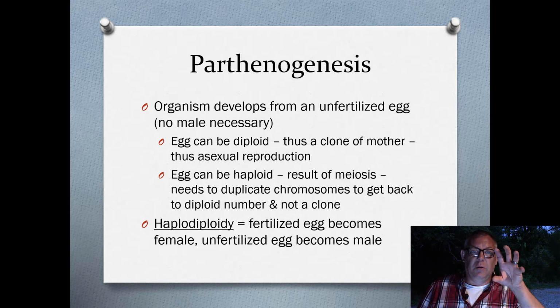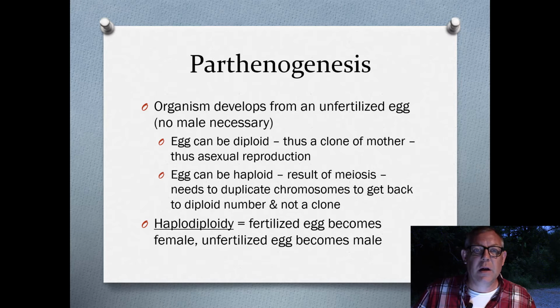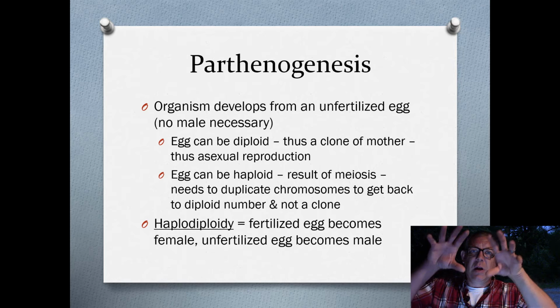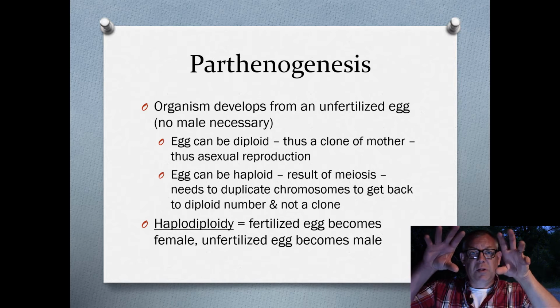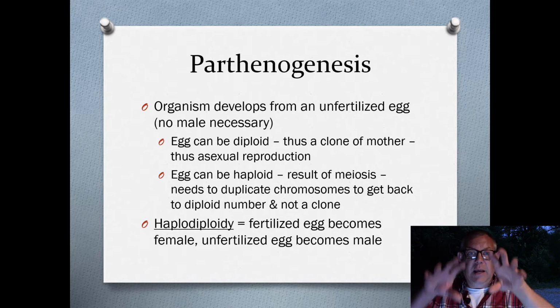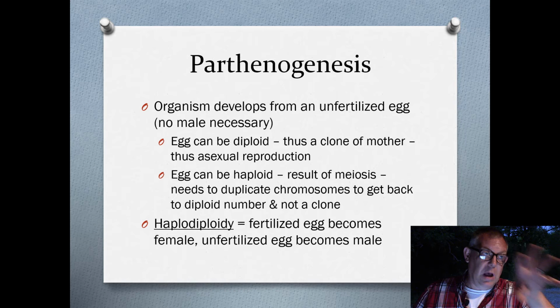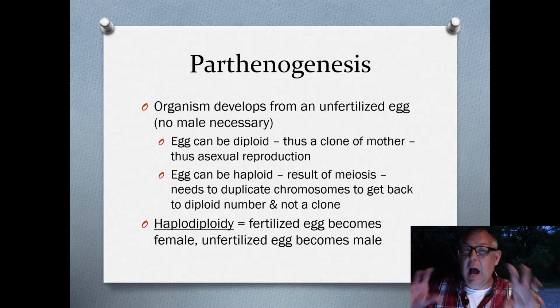For example, you can replicate the DNA and then have no cytokinesis to double the DNA. In this case, it wouldn't be a clone, because when you go through meiosis, those homologous chromosomes, the paternal and maternal chromosome, line up randomly and get separated randomly. And so whatever gamete forms, and then you double that DNA, it would actually not be a clone of the mother.